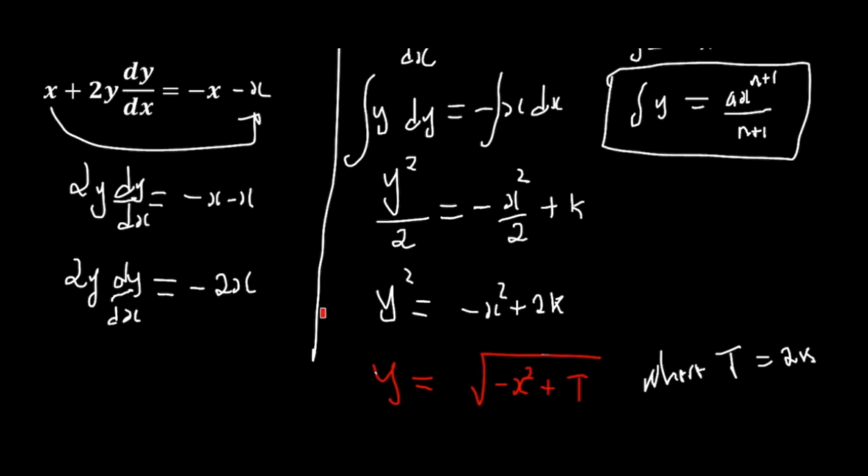Now if we look at this function here, it looks like an equation of an ellipse. This is the general formula of an ellipse, because from here, if we send our x to the left hand side, this will imply that y squared divided by 2 plus x squared divided by 2 equals k.